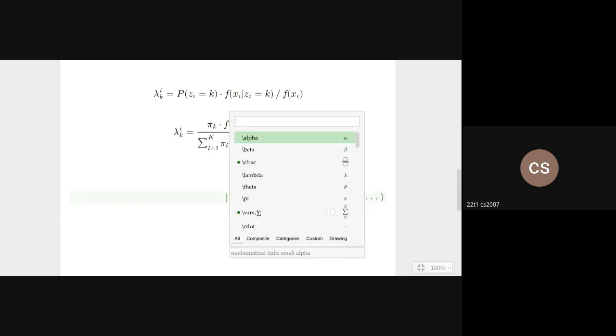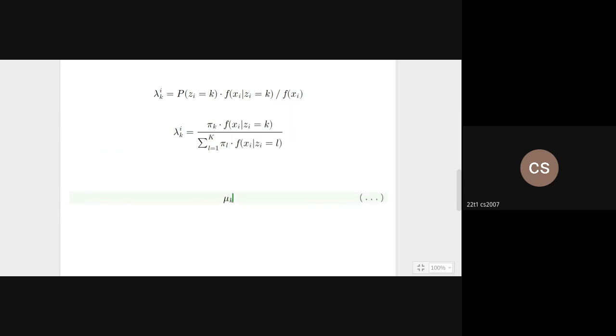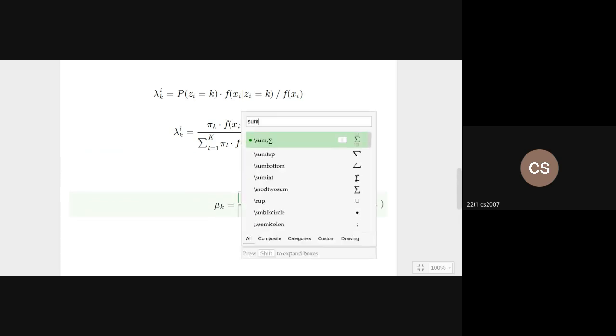Let me quickly write it down. So what is the M step going to be? Given lambda, estimate the parameters. The mean for the kth mixture will be what in the M step? The weighted sum of all the data points, right?